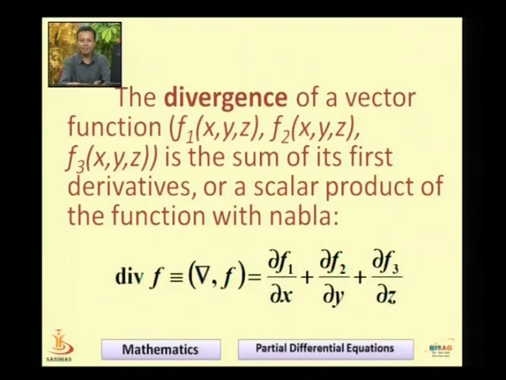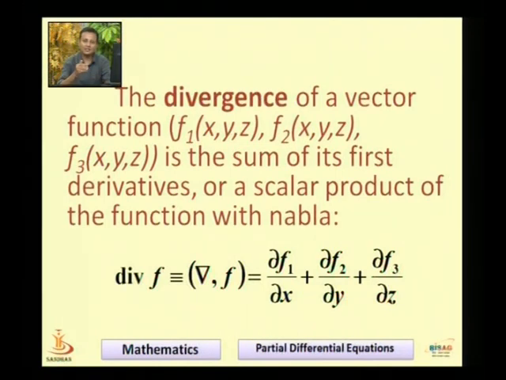Next, we define the divergence of a vector function. So if we have a vector point function f1, f2, f3, here these are functions of the space coordinates x, y and z. A vector function is like a scalar function.